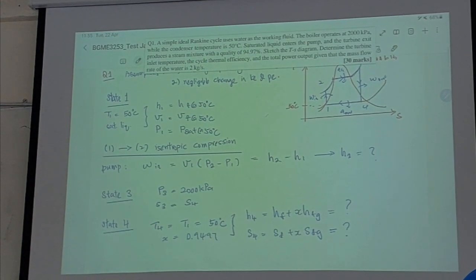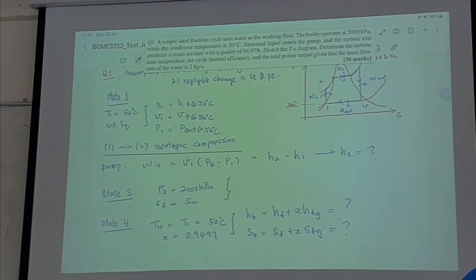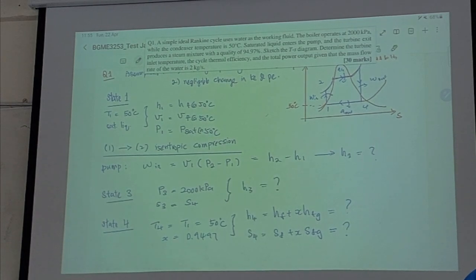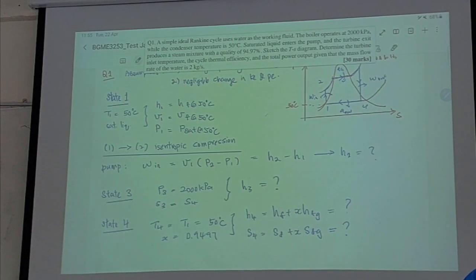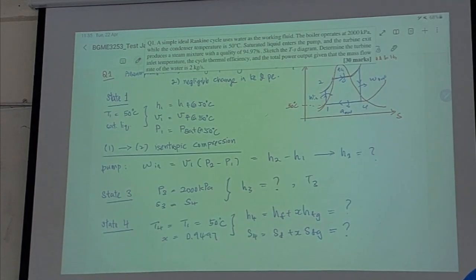So once you found S4, then you can get H3. Of course, the question also asks to determine the turbine inlet temperature, meaning you need to find T3 as well. So T3 is approximately 600 degrees Celsius if you calculate it.